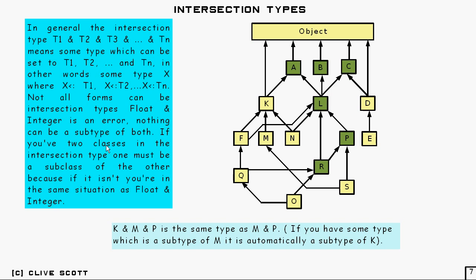And if you think about it, that makes a lot of sense, because if we go to this diagram here and you look at just the classes, so ignore the interfaces, then if you've got two classes somewhere or other, say F and K, then if you're looking at F and K as an intersection type, then first of all, whatever this X is that is a subtype of this lot, it must be a class and not an interface, because the only things that can extend classes are other classes.